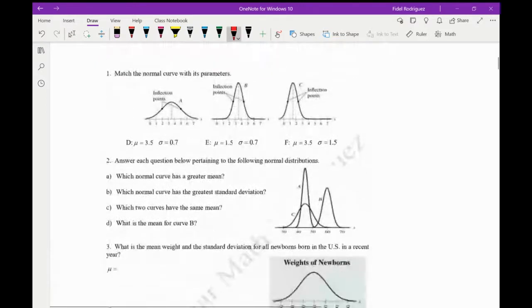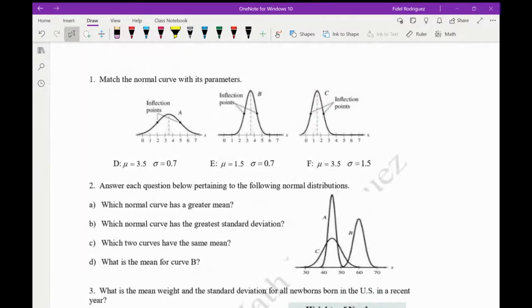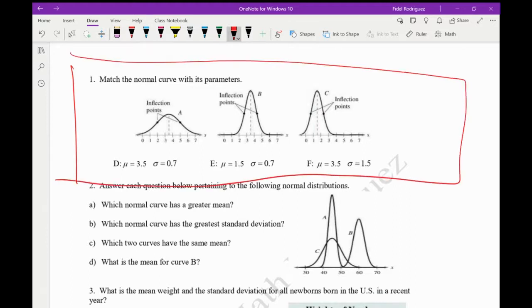Okay, so let me show you an example here. I like these problems because I think they give us a visual of what's going on. Number 1 says match the normal curve with its parameters. So here's my first problem. It's this piece right here, and we want to see if we can figure out some parts. Remember, the mu is what we call the mean, and that's the center of the graph.